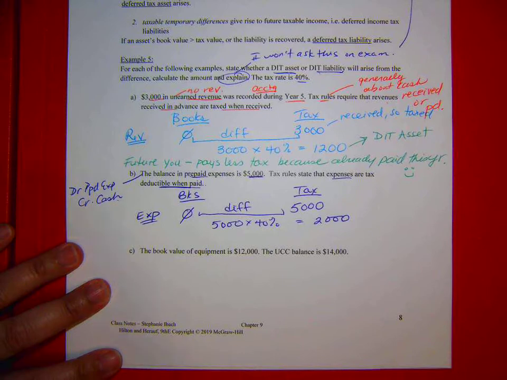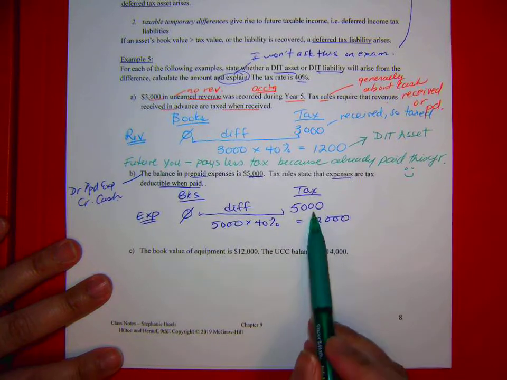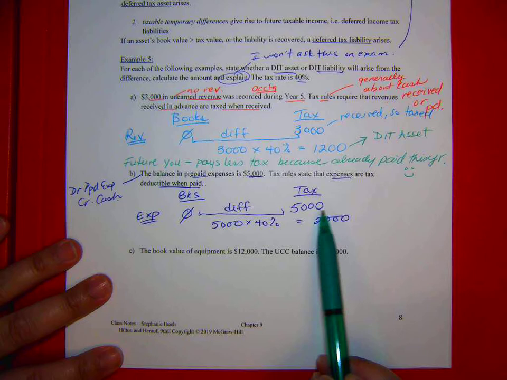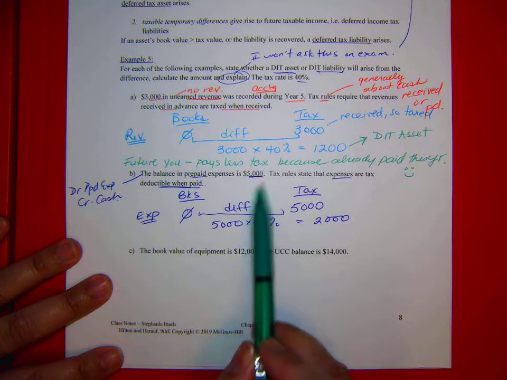And you have to figure out, is it a DIT asset or liability? So future you, because this is all about future you. Are you going to be able to deduct any more on this transaction in the future?